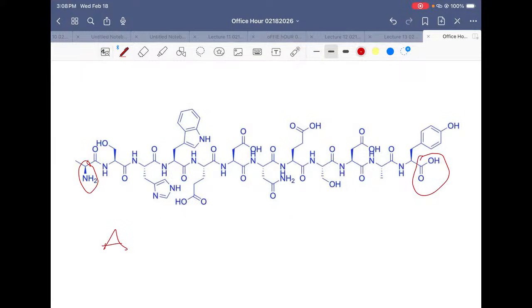Write a little bit thicker today. So it was alanine, and then the second one was what? Serine, right? Serine, and then histidine. And next, tryptophan, which is W.